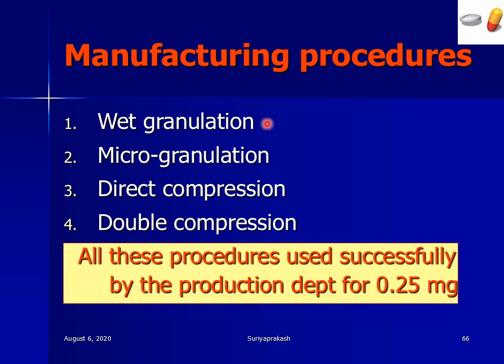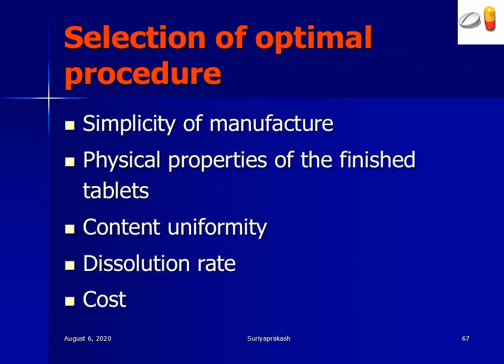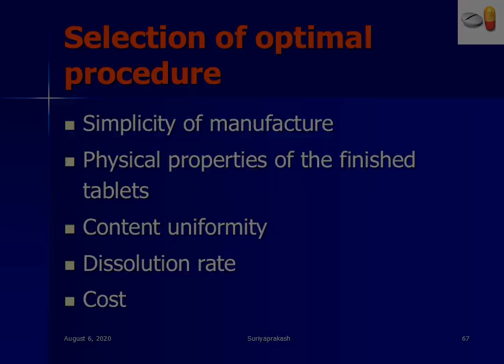You must know about wet granulation, direct compression, double compression. Micro granulation I will explain in detail, don't worry. So for selection of the optimal procedure: simplicity of manufacture, physical properties of the finished tablets, content uniformity, dissolution rate, cost. These are all the parameters you have to remember when you are going for the pilot plant study, right?